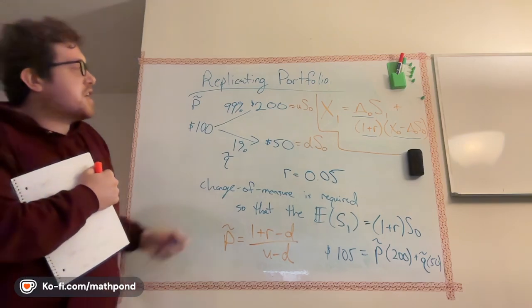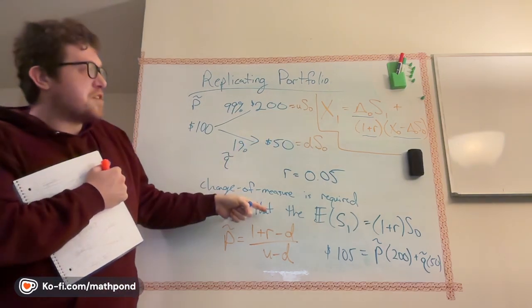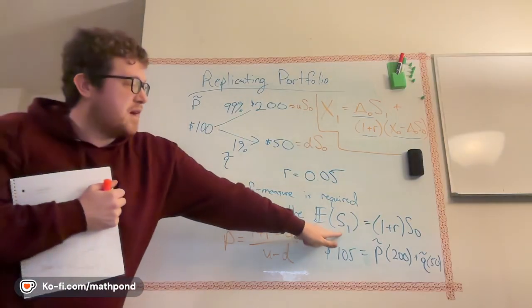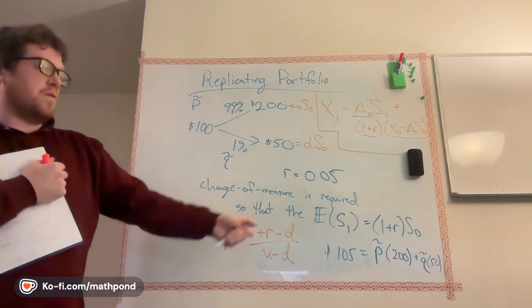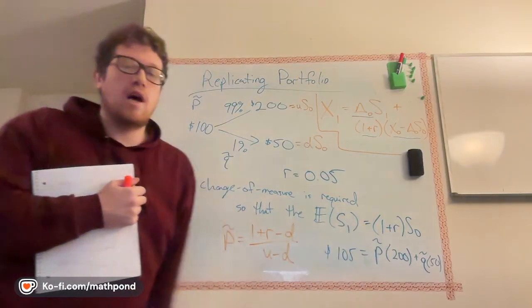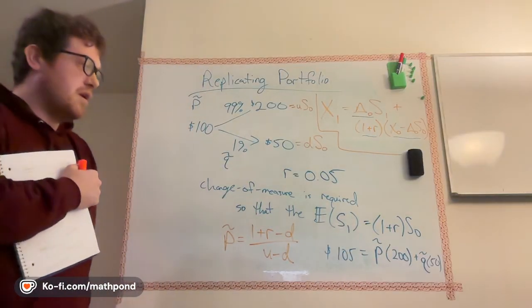And your average gain for the stock in this new measure is such that the expected value of the stock return, and we'll write in a second that the expected value of the option return, is also this 1 plus R value.